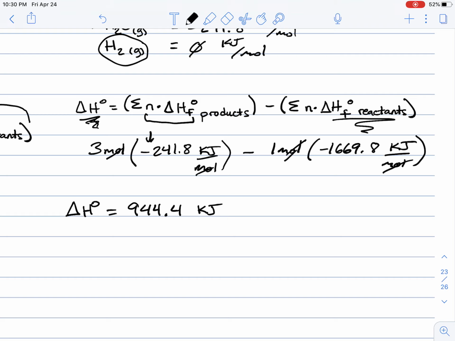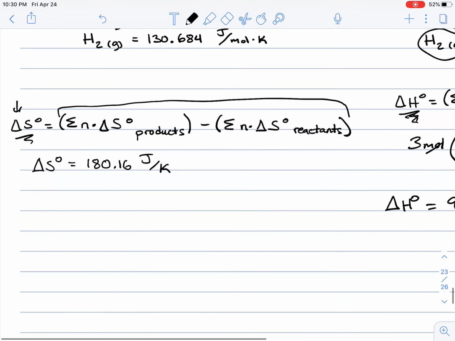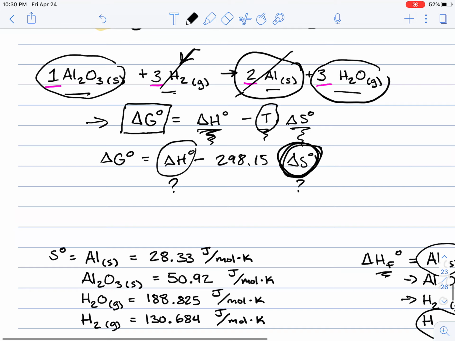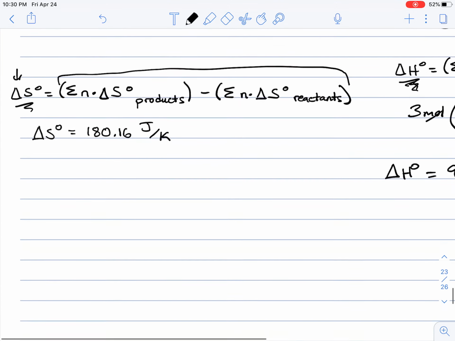Now that we have the value for the change in enthalpy, we're going to take that 944.4, and take this 180.16 and put it into this equation to determine the change in Gibbs free energy under standard conditions.